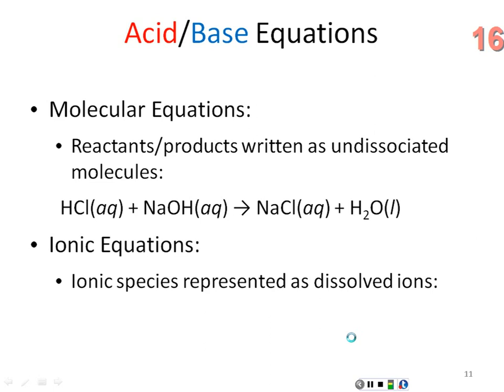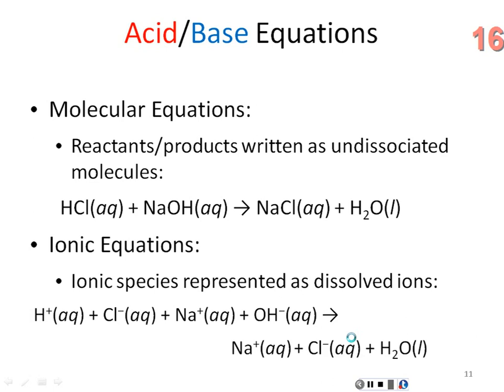And this shows everything as their dissolved ions. So HCl would become H+ Cl-. Sodium hydroxide would be Na+ OH-. You have the salt, Na+ Cl-, and then H2O is the only molecule in this equation that is not dissociated.